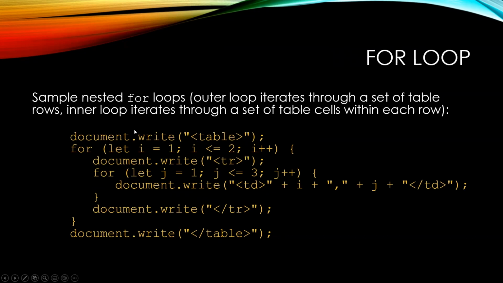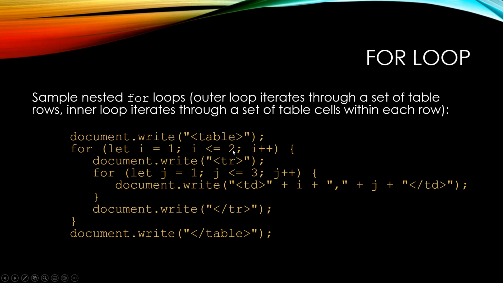So we can put loops inside of loops just like we could do with C, so we can nest them. So for example, here I've got an array and it is a table, so you've got your rows and columns. So your outer loop here, which is the first for with the first set of curly brackets, that's going to iterate through the set of the table rows.